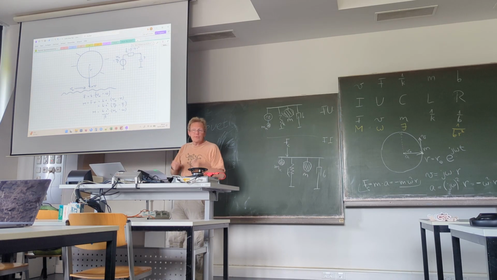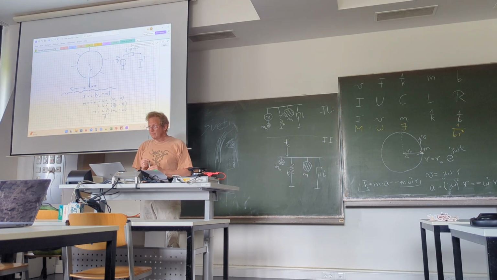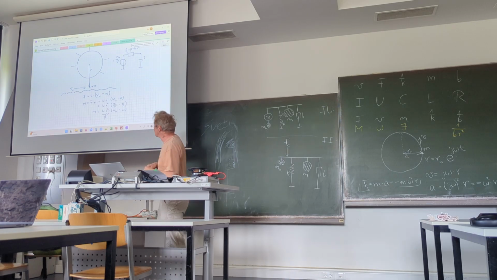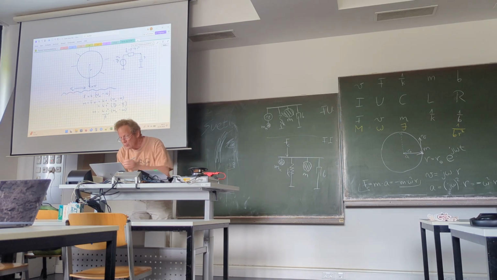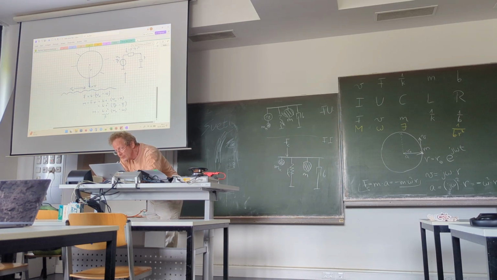And well, because this is a first order system, we could even draw a step response. The step was we lower the wheel into the water, that means we switch on the velocity, and we could draw here this step response.